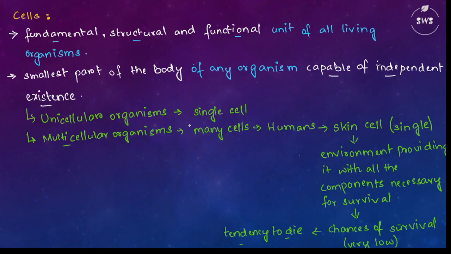Now, if we take a single skin cell and put it in an environment where everything necessary for its survival is provided, the cell will have everything around it, but it will not have other cells' support. It will not be able to interact with other cells because there are none present in that environment. It's the only single cell. So that cell will have a tendency to die.